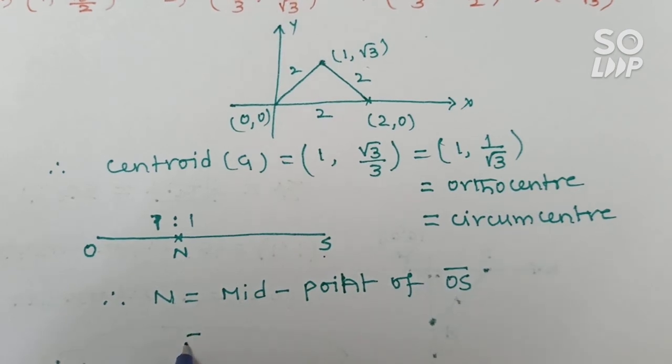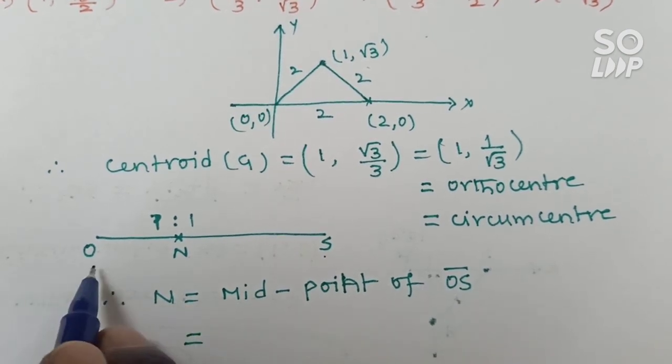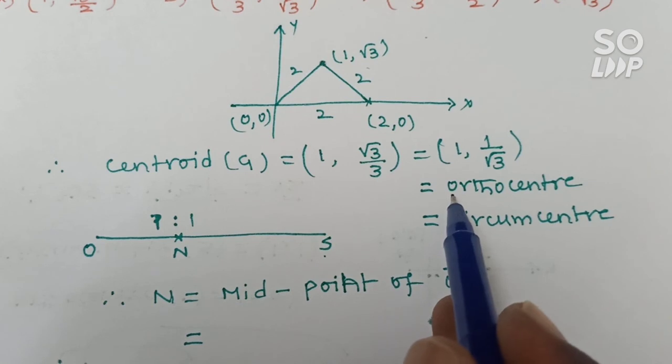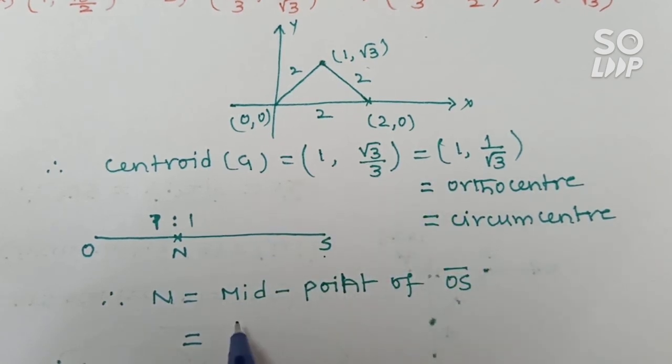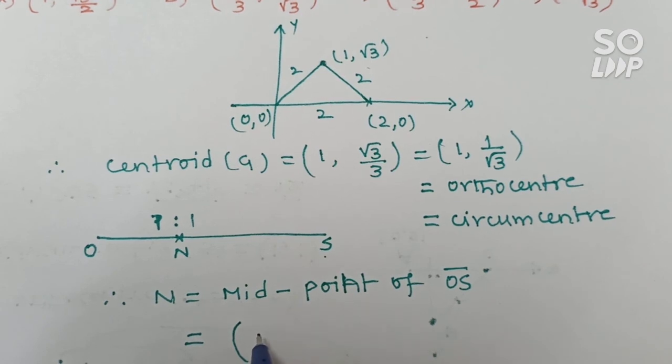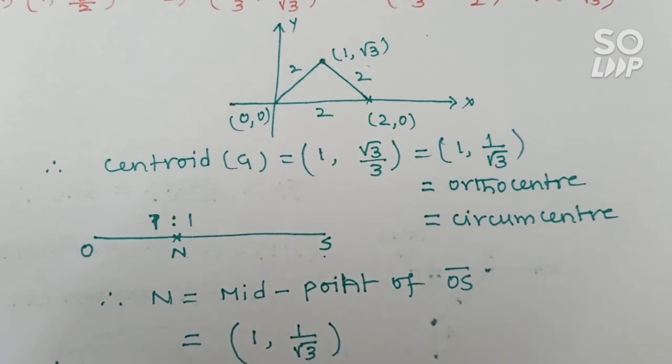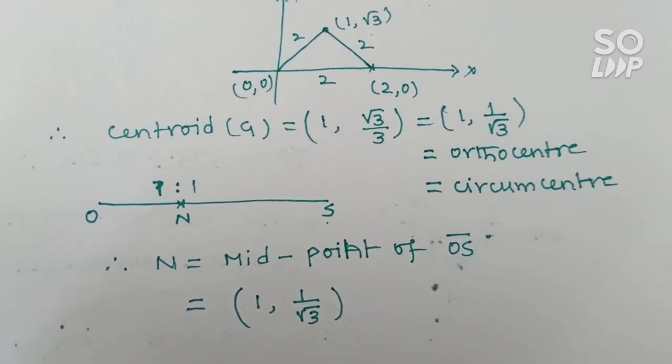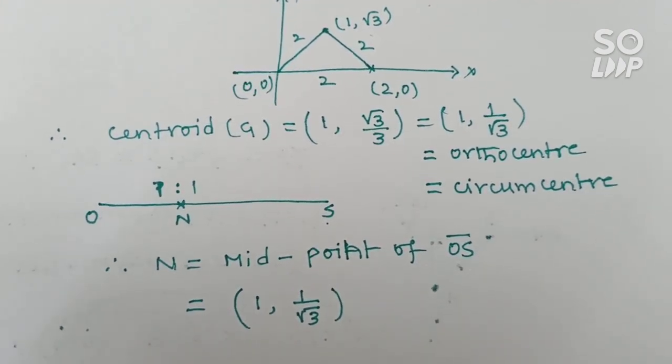So that means O is equal to G and S is also equal to G. Therefore N will also be equal to G. That means here you write (1, 1 by root 3). So this one is the 9-point center of the triangle with the vertices.